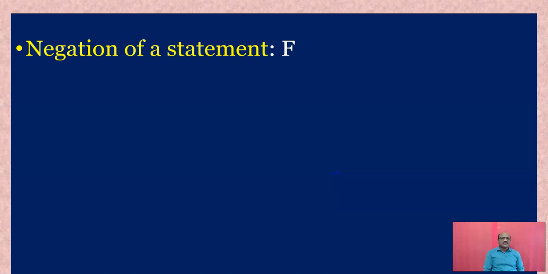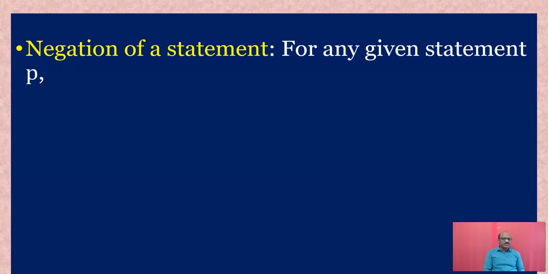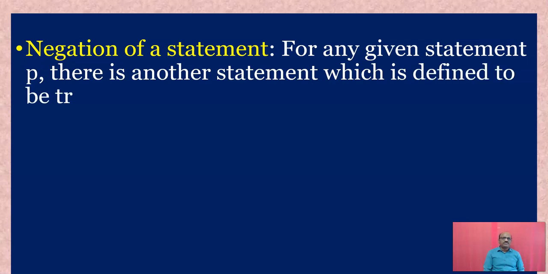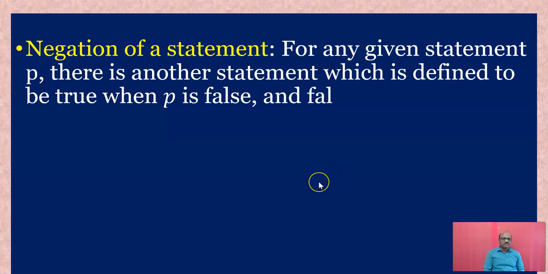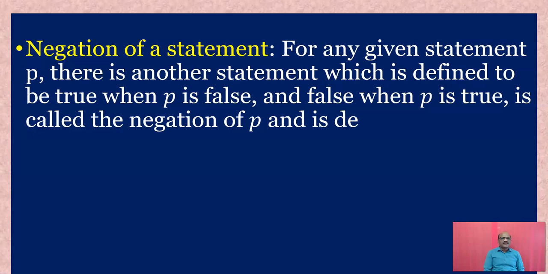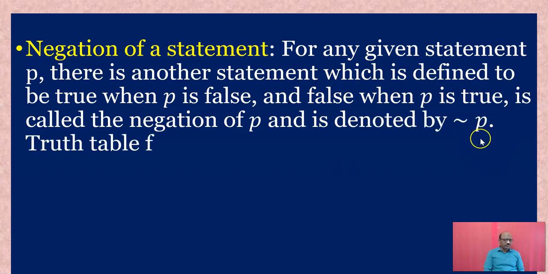Negation of a statement. For any given statement P, there is another statement which is defined to be true when P is false and false when P is true, and it is called the negation of P and is denoted by this symbol.